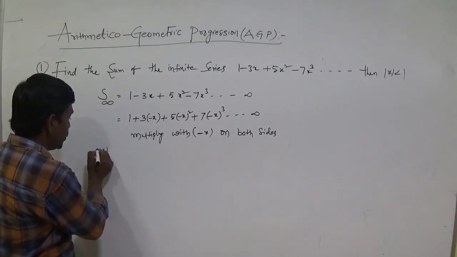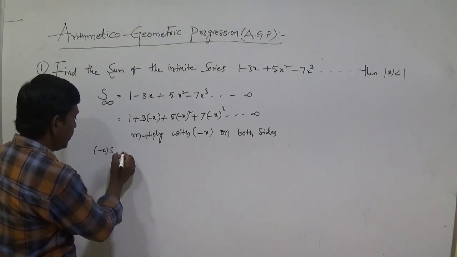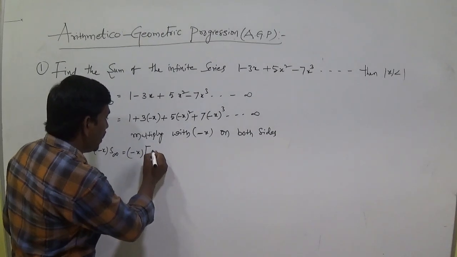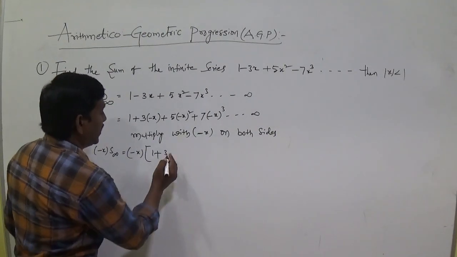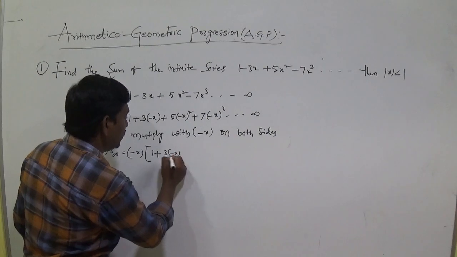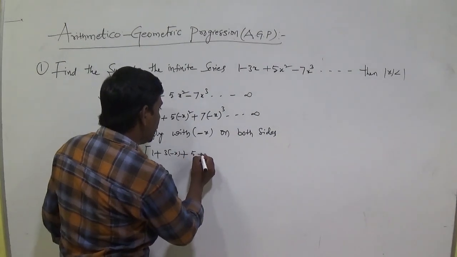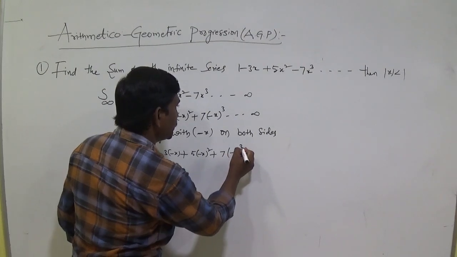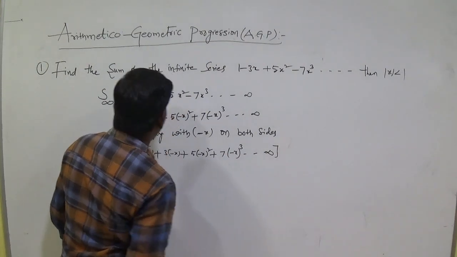Minus x into S infinity equal to minus x into 1 plus 3 into minus x, plus 5 into minus x whole square, plus 7 into minus x whole cube, and so on to infinity.